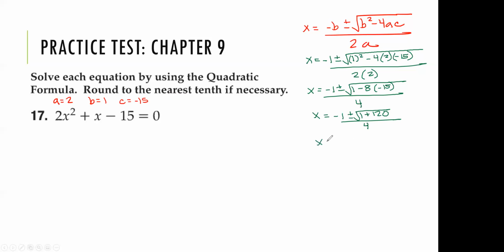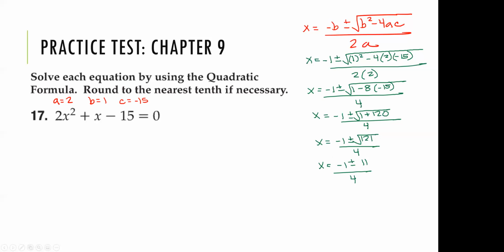Okay, so I've got negative 1 plus or minus 1 plus 120 is 121 divided by 4. Negative 1 plus or minus the square root of 121, that's actually a perfect square. That's 11, right? 11 times 11 is 121 divided by 4.